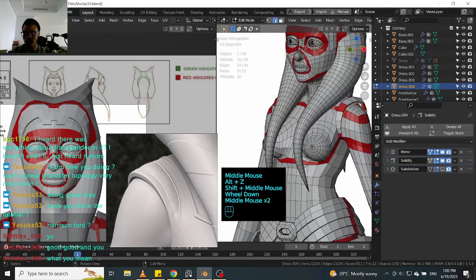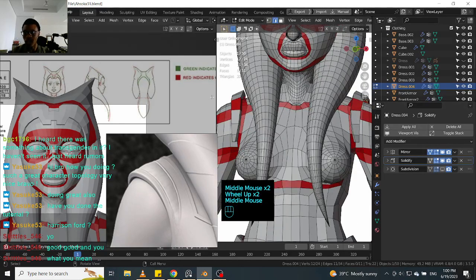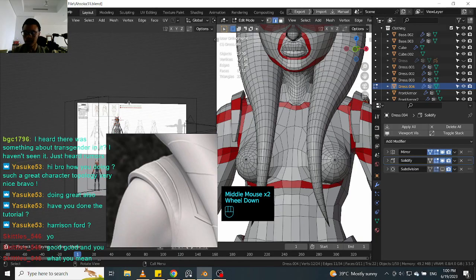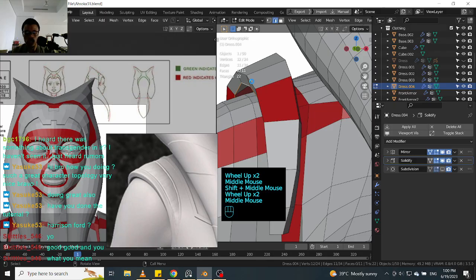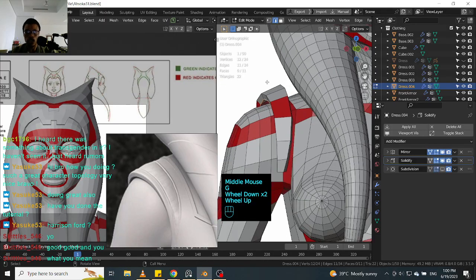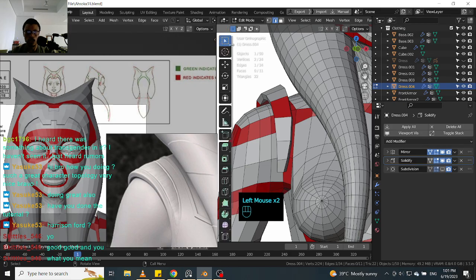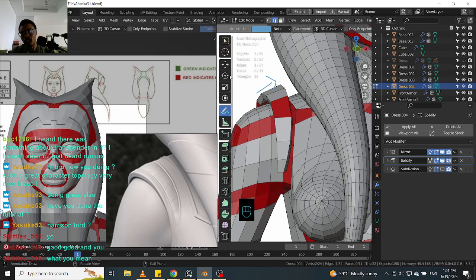But when I select that and I want to move this in that direction, while selecting that, when I move it in that direction, it moves in this direction.